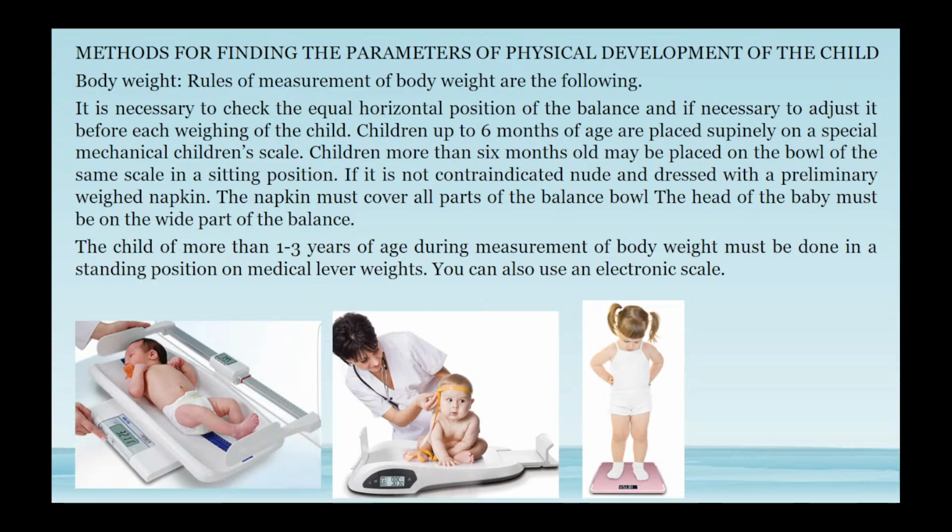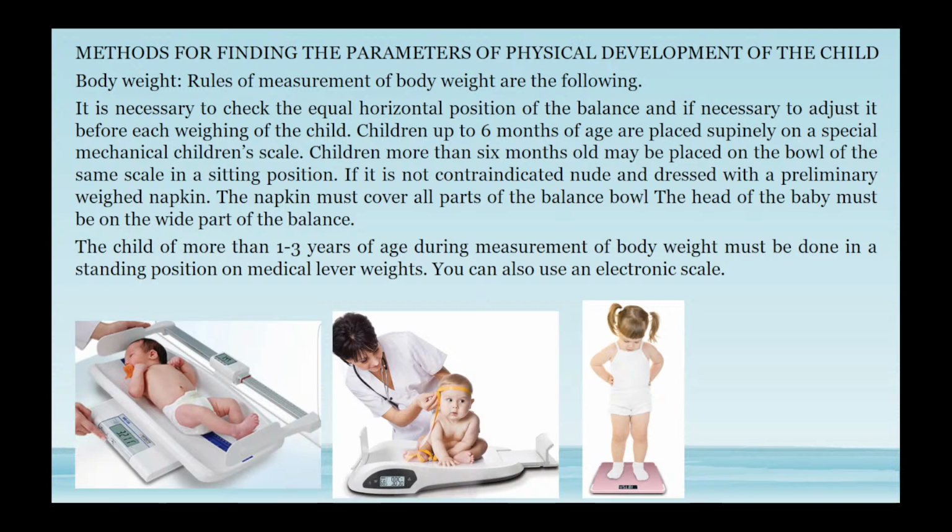the photo. Children more than 6 months old may be placed on a bowl of the same scale in a sitting position, if it's not contraindicated, nude and dressed with a preliminary weighed napkin. The napkin must cover all parts of the balance bowl.